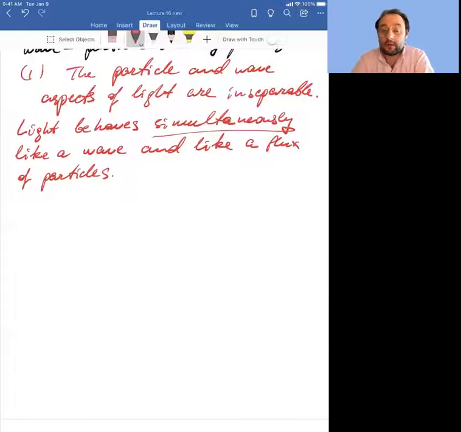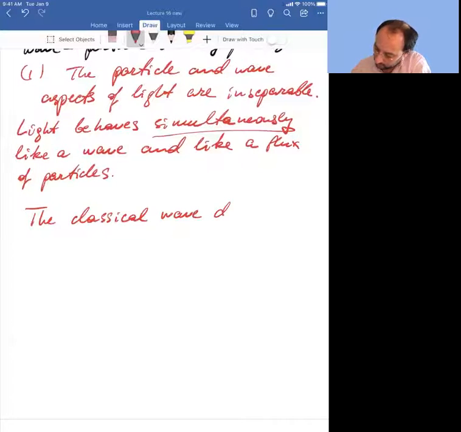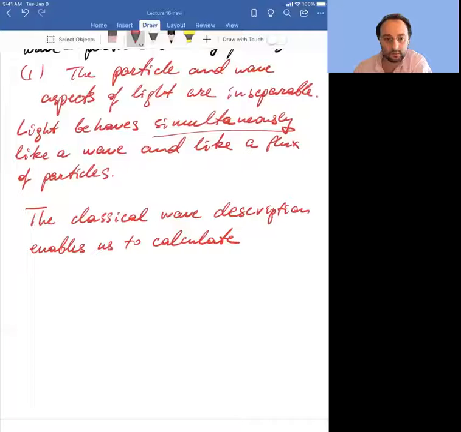And the classical wave description is useful, and it enables us to calculate the probability of the manifestation or expression of light as a particle. Maybe I should say probabilities.